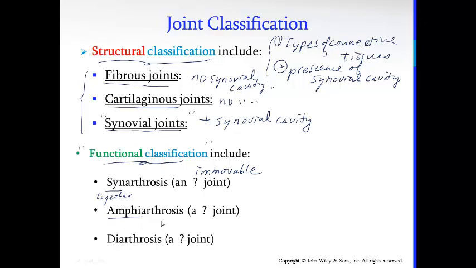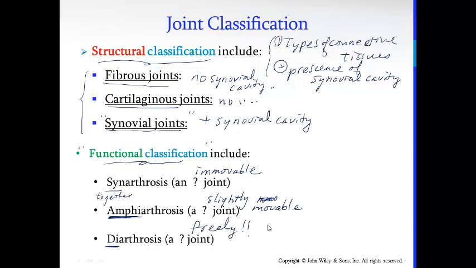And if it's amphiarthrosis, for instance, amphi, think of amphibians, so it has two characteristics. So these are slightly movable. And if you have a diarthrosis, this is a freely movable joint.